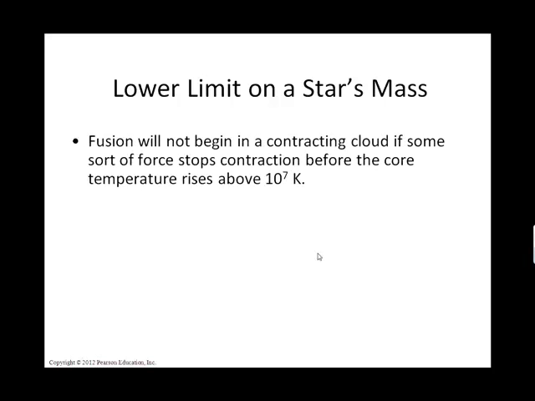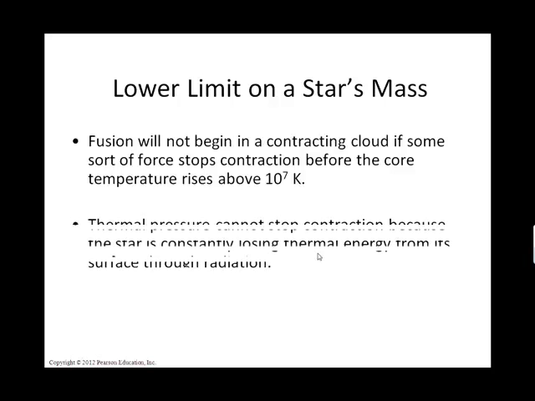So the lower limit on a star's mass we said was 0.08 solar masses, and now I want to describe why that is in terms of a star arriving at the main sequence. Why can't these stars that are less massive than 0.08 solar masses go ahead and begin nuclear fusion in their cores?